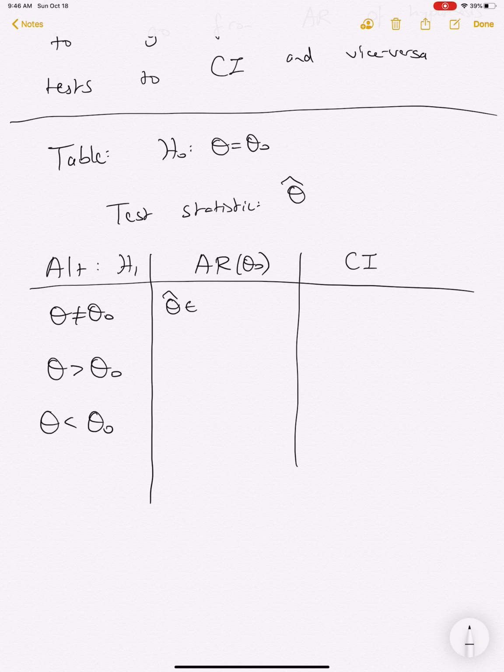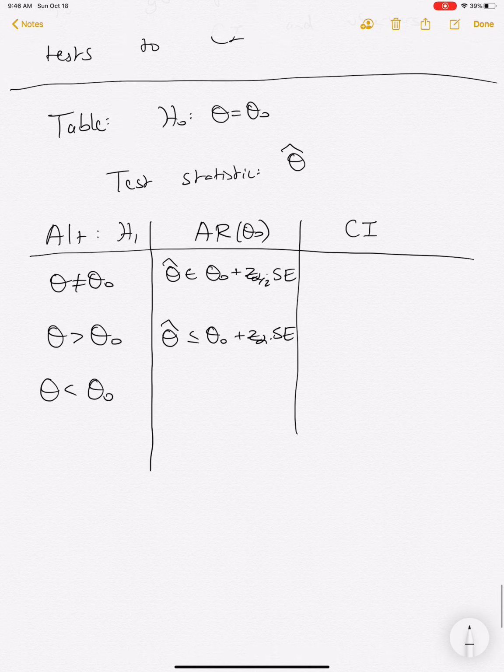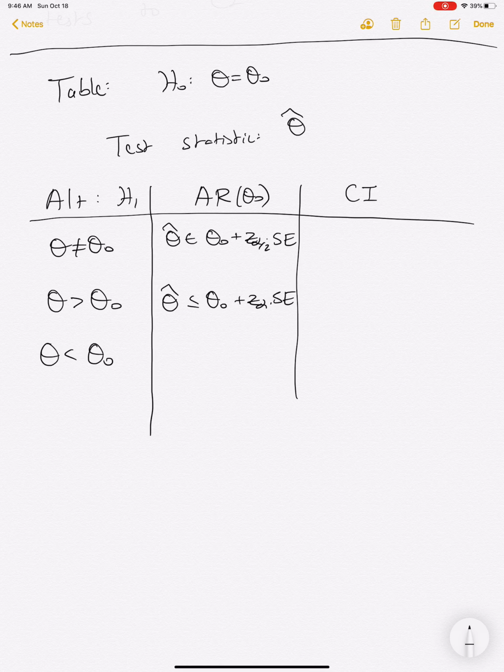For the two-sided alternative, we get theta. I'm using z here because things are usually normal, but if they're not, you can easily replace this with a different table, whether it's t or F or chi-squared or something else. These are essentially putting the calculations that we've just done onto a table to make it easier to get your head around and think about.